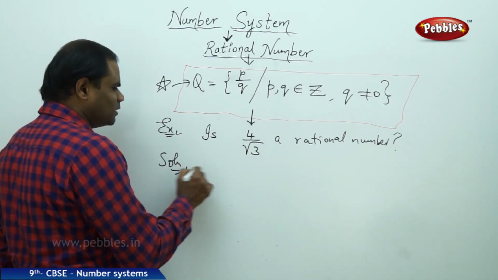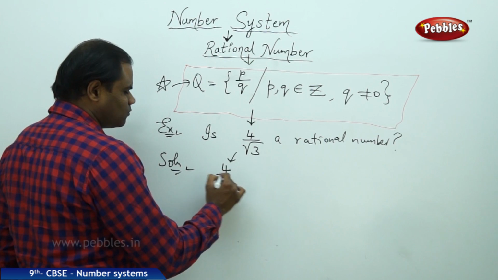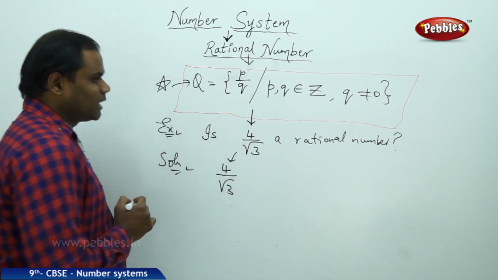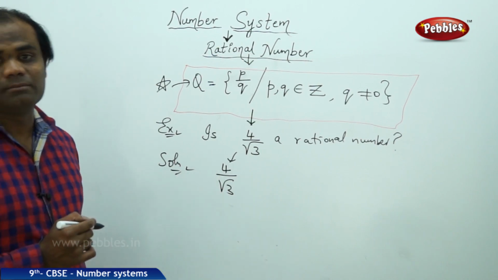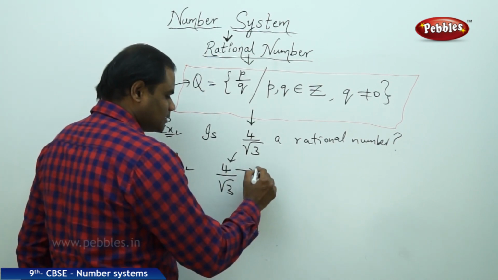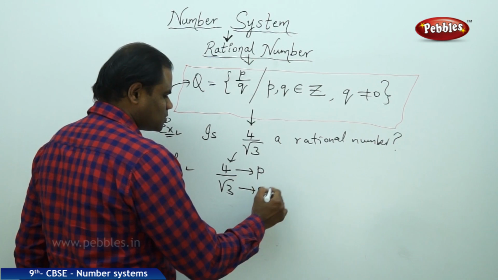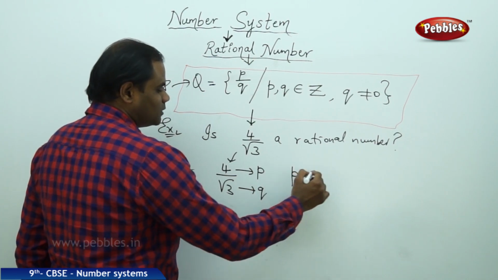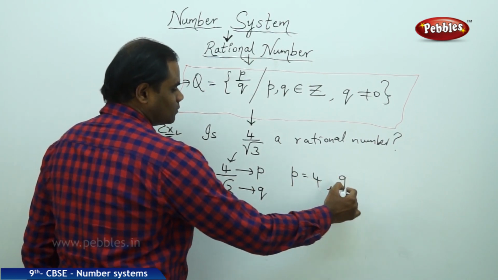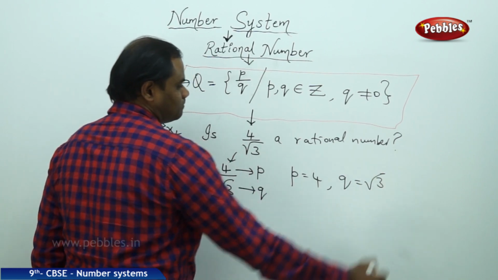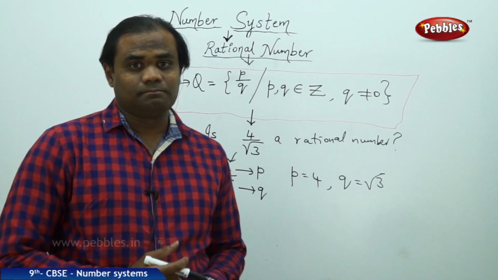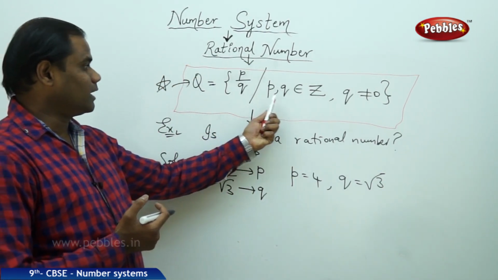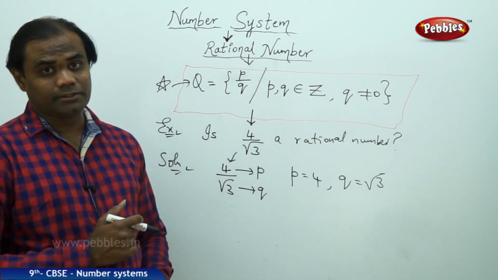So coming to the number, let me pick the number 4 over root 3 and identify each of P and Q from the given number. Clearly my P is 4 and Q is root 3. Now let's go through test number 1, where I have to see that both are integers.